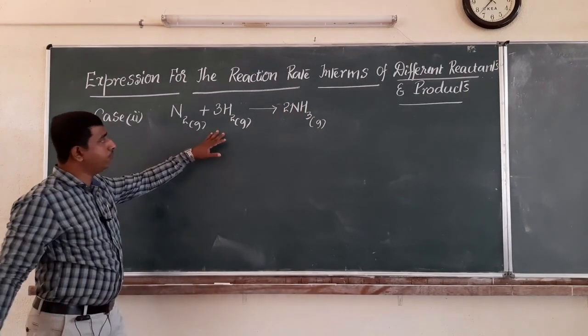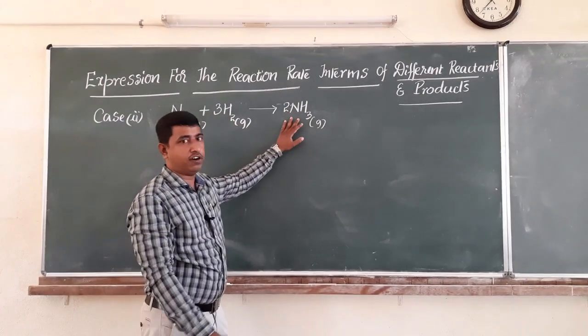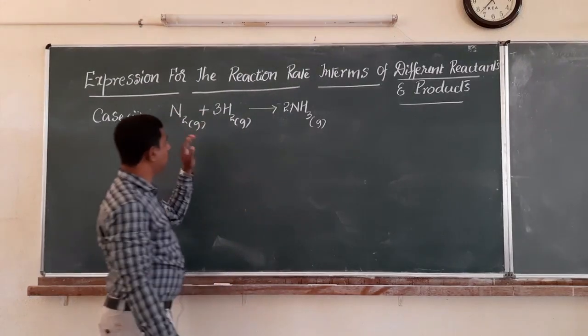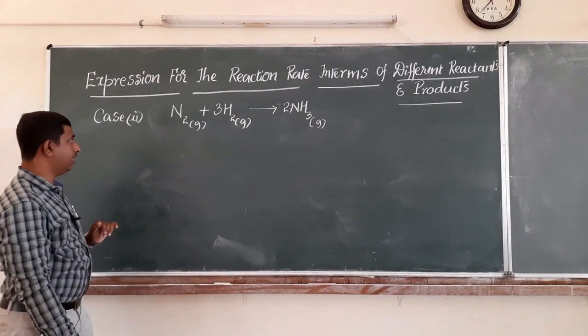So nitrogen combines with hydrogen forming ammonia. Now how to write the rate expression for this reaction?